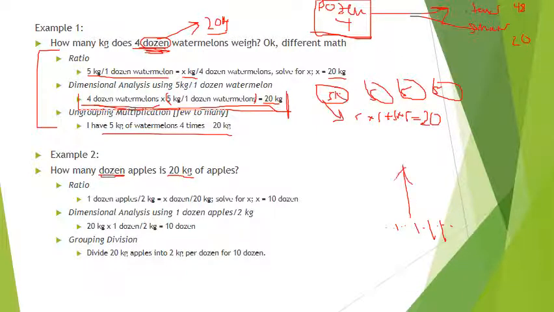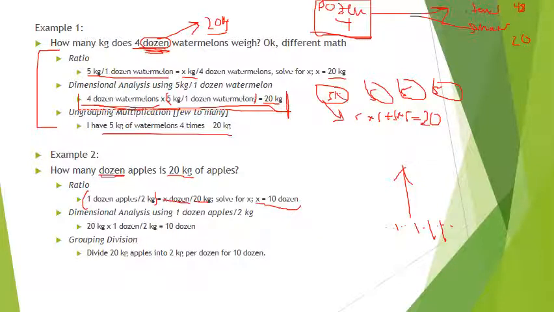Whenever you want to get a dozen, or eventually a mole, you're going to divide. But again, there's 3 ways to do this. You can use the ratio, 1 dozen per 2 kilograms equals X dozens per 20 kilograms. Simply solve for X, and you have 10 dozen.